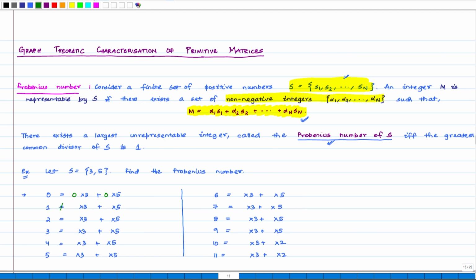Now 1 cannot be represented, irrespective of whatever alpha 1 and alpha 2 we put here. Similarly, 2 is not representable for any values of alpha 1 and alpha 2. 3 is an easy one, we can simply write this. Now again, 4 cannot be represented.